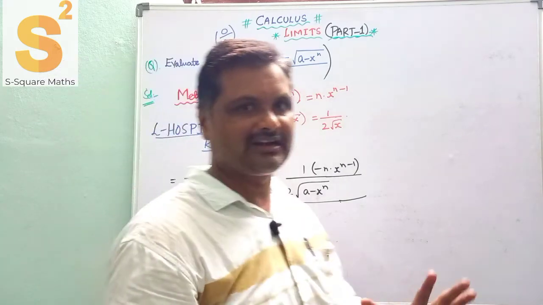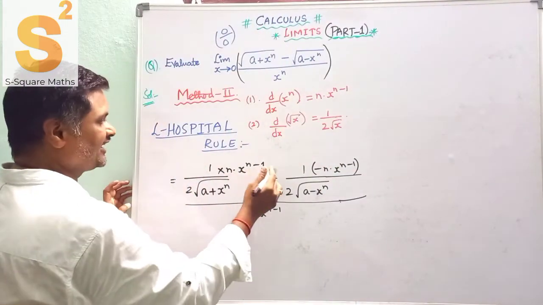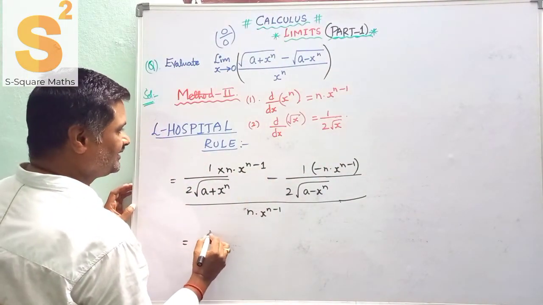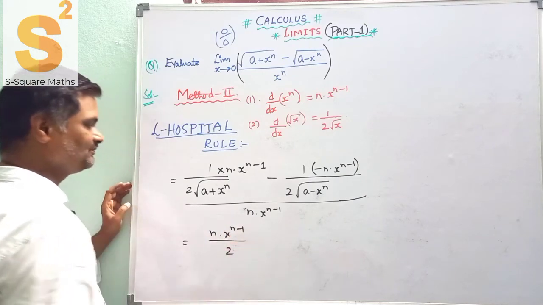So separately for numerator and denominator we have done the differentiation. If you observe carefully, I am going to take n into x power n minus 1 by 2 as common.